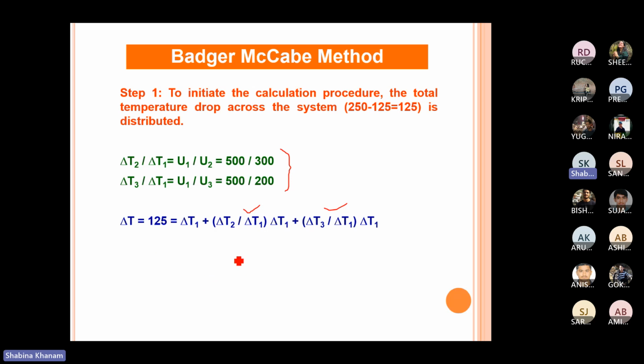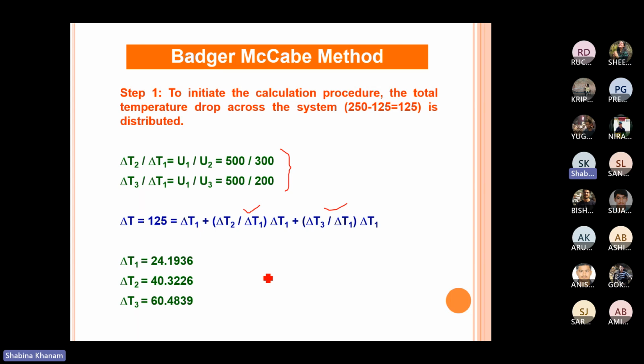In that way you can calculate delta T1, which you can find as 24.19. Then from delta T1 you can find delta T2 from here, and delta T3 from here. So everywhere, it depends on the assumption that equal heat transfer is occurring in each effect.